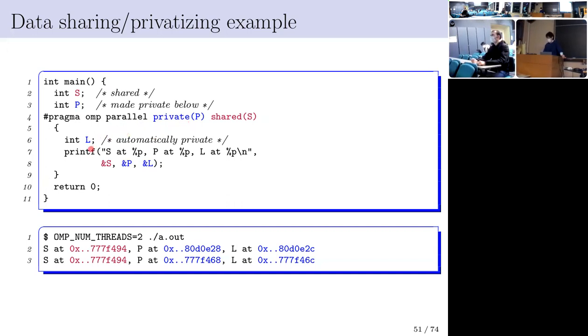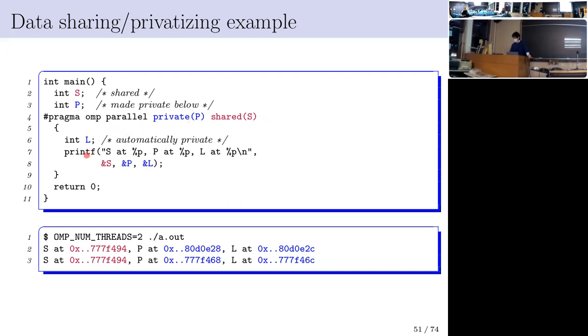What actually happens can be simply illustrated as follows. This printf prints the address of these variables. The address of S is the same between these two threads, whereas P has different addresses depending on which thread you are executing.